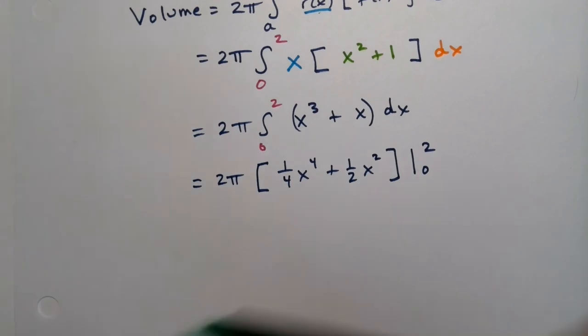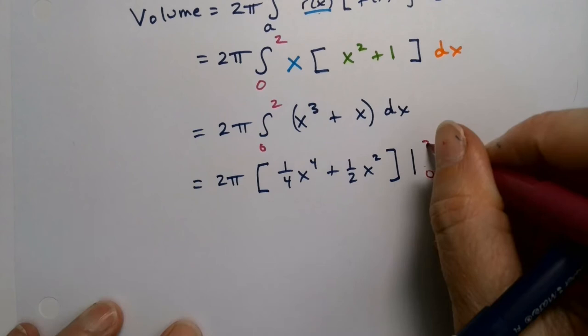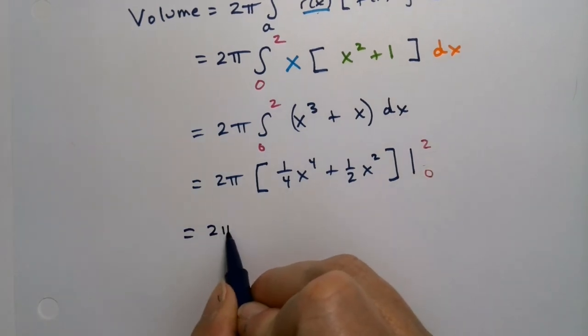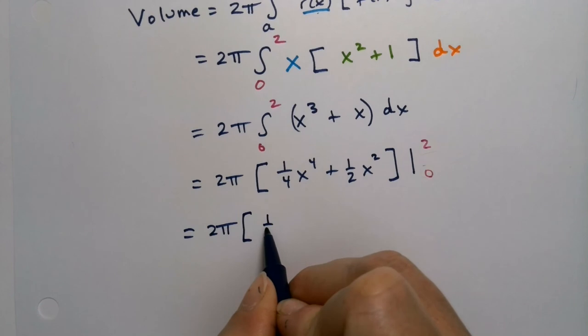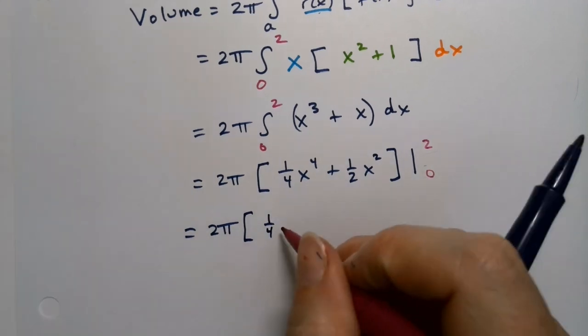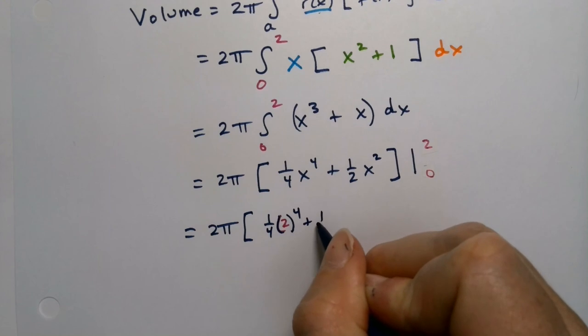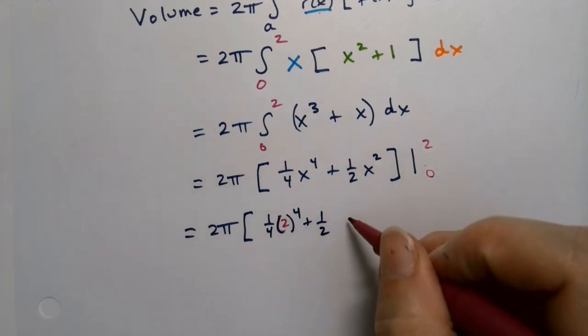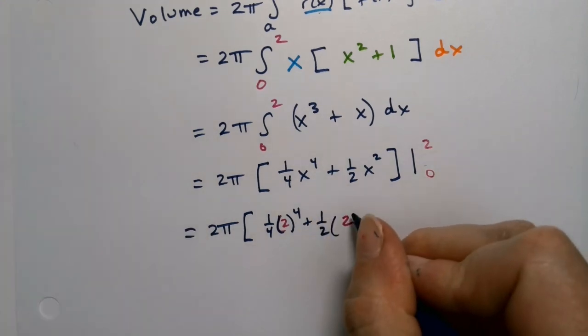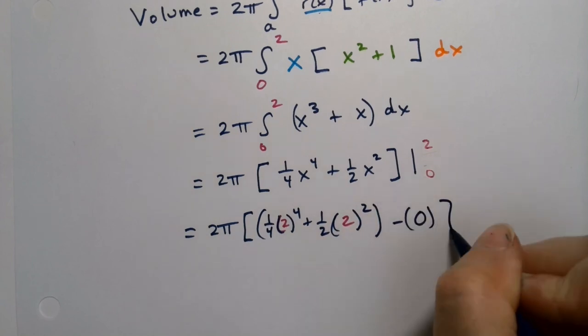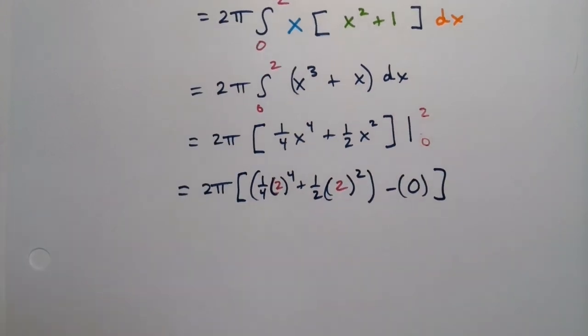The 0 won't matter because this is a polynomial, so the 0 is just going to be 0. So it'll be 2 pi times 1/4 times 2 to the 4th plus 1/2 times 2 squared, minus 0.